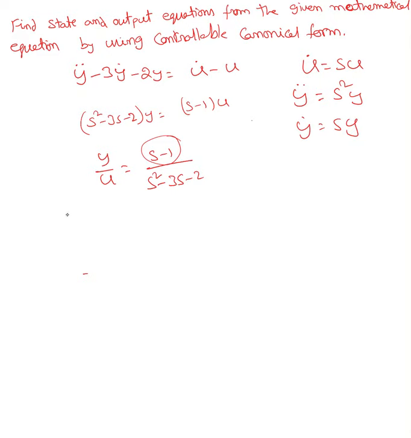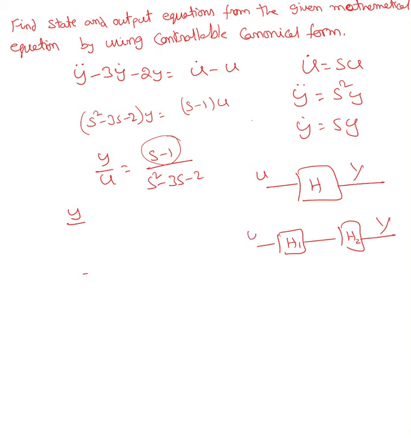Here is a system h, here is my output, here is my input. I'm going to break this system into 2 subsystems, h1 and h2. At the end I'll still have y and u here. The variable in between, I'm going to define as z.